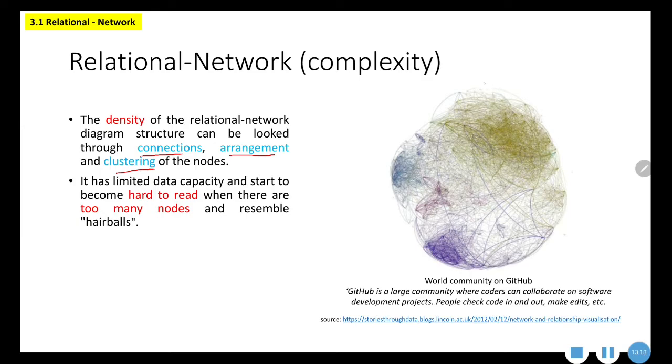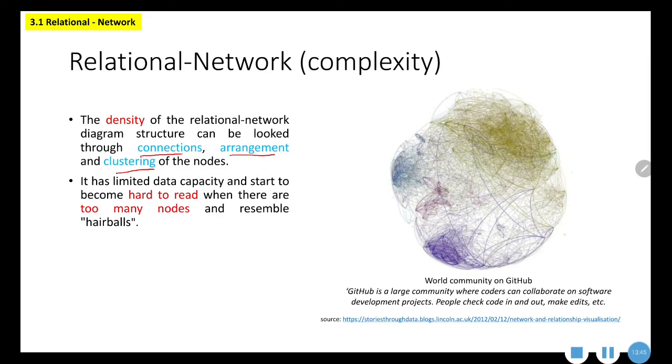It has limited data capacity, and it starts to become hard to read when there are too many nodes, and it actually resembles hairballs. You can imagine there are millions of connections here, and I don't think we can interpret the information being shown on this relational network diagram.